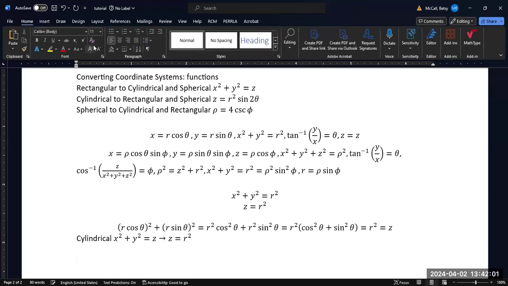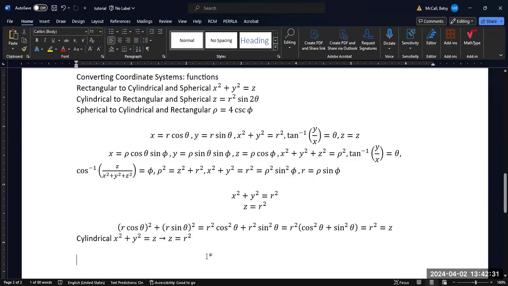Now in spherical, there are these other identities that sometimes get included in expressions of converting from cylindrical to spherical and sometimes get left out. This is the kind of identity that will be really helpful here. And you can, if you want, convert directly from cylindrical into spherical since we've done this already.